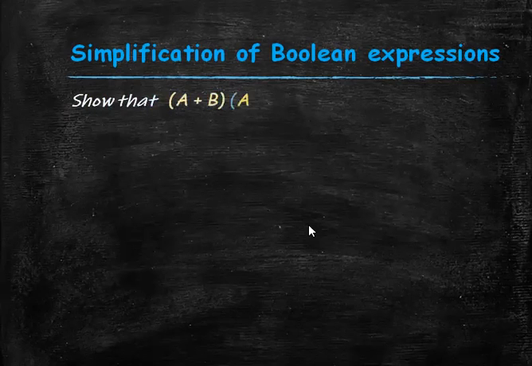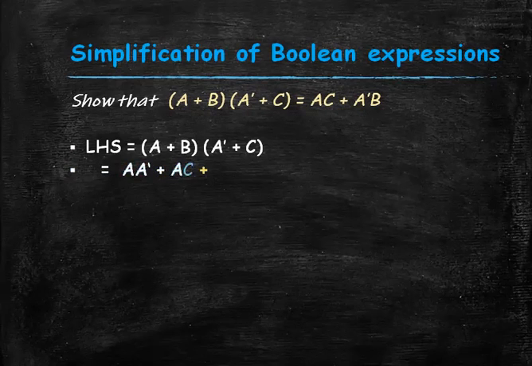The next question is, show that (A + B)(A bar + C) is equal to AC + A bar B. By expansion, we get it as A·A bar + AC + A bar B + BC.